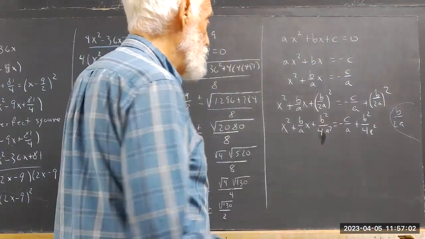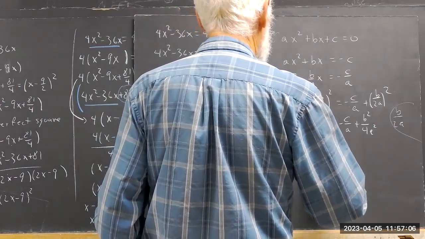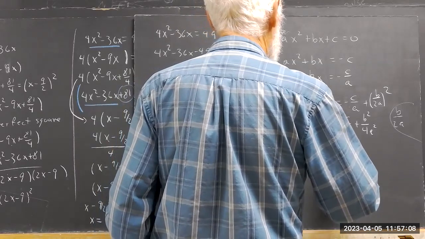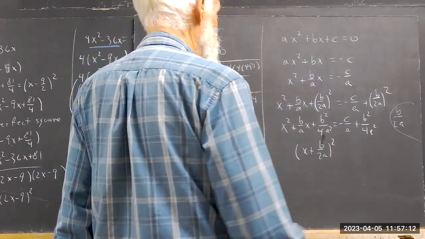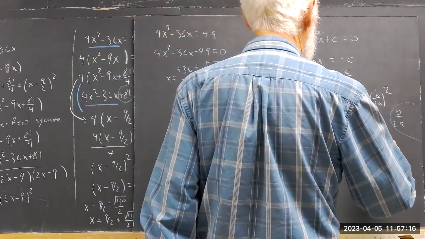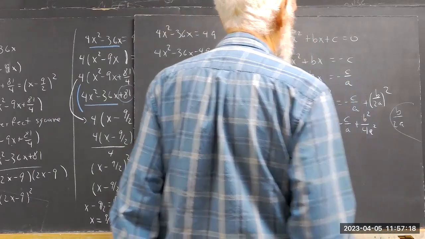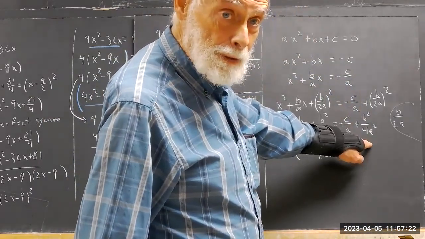Well, the left-hand side is just x plus b over 2a, squared. Right-hand side, we don't want to put all this over a common denominator.